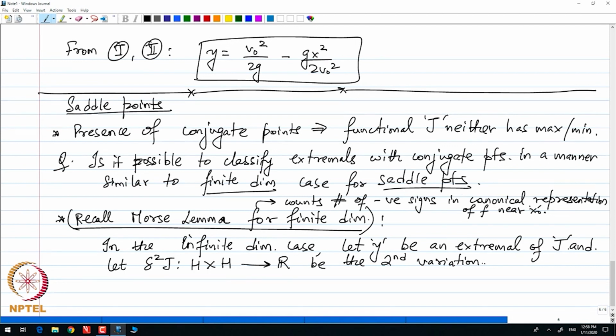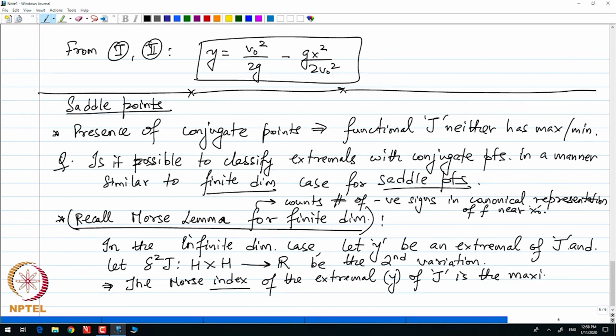Okay. So, let me write down what I just said. It implies that the Morse index of the extremal y of J is the maximal dimension of the subspace of H on which the second variation is negative definite.